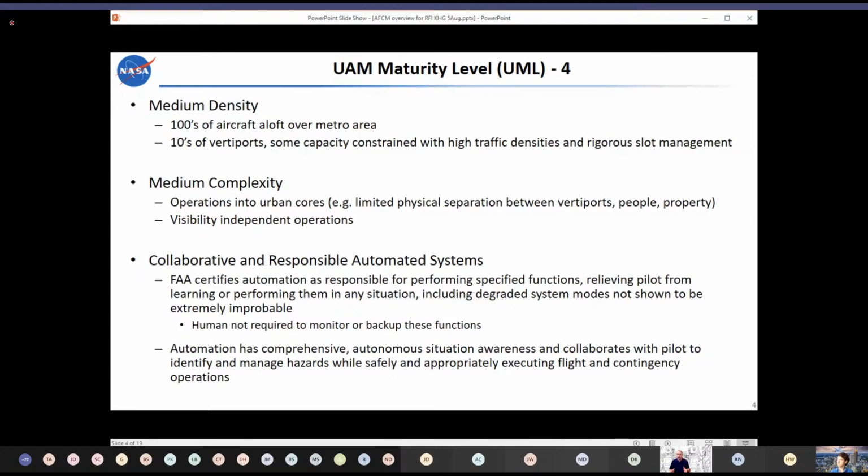Along with these medium complexity operations is transitioning from visual operations in VMC to be able to get into IMC operations, whether we get all the way to visibility independent, zero visibility versus higher levels of visibility.